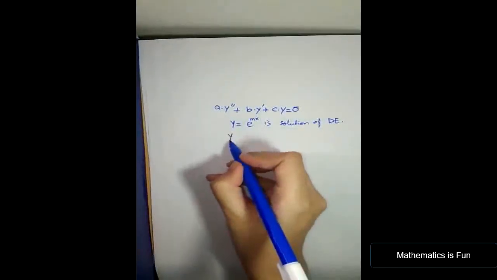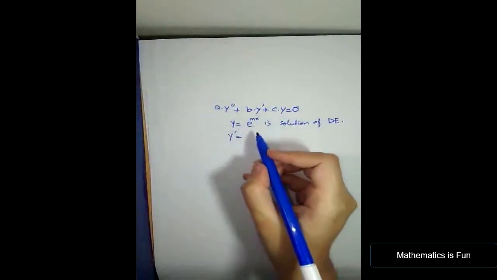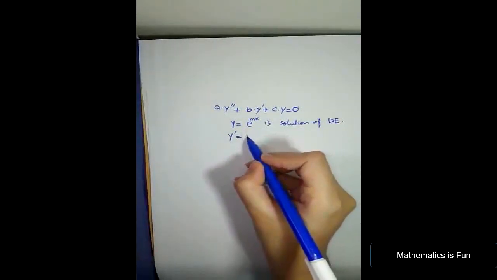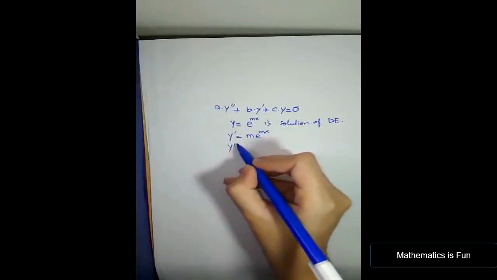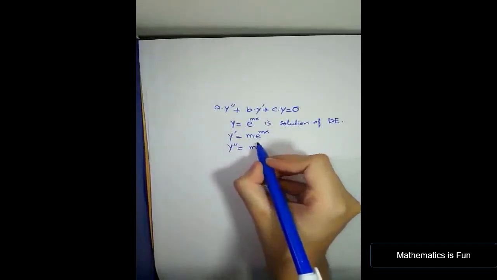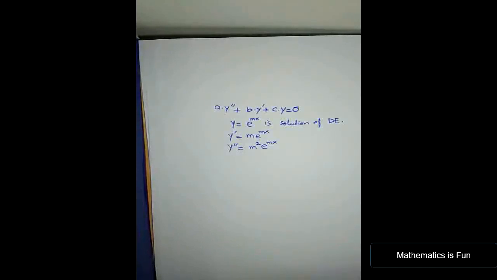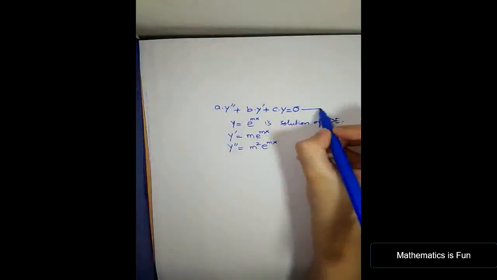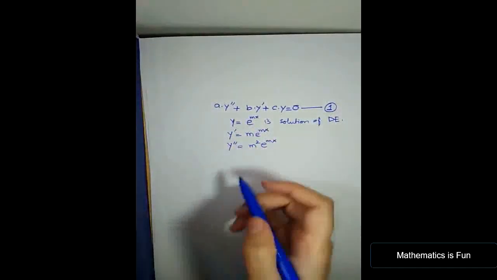Now what we do, we differentiate it and it becomes m e to the power mx, and I differentiate it again and that becomes m square e to the power mx. Now I mention this equation as equation 1 and I put these values in equation 1.